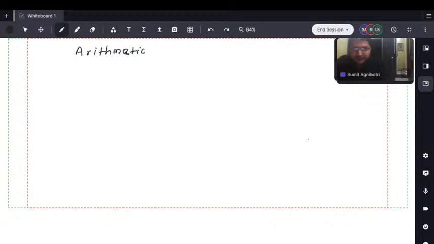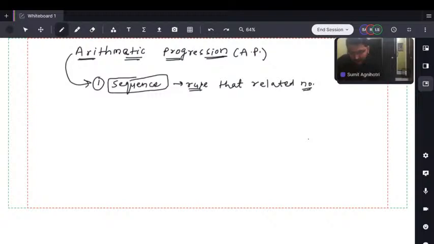It may be any common rule that can relate the numbers. And this common rule actually presents a lot of sequences. There exist a lot of sequences based on this common rule. One of the sequences that we have may be like this.